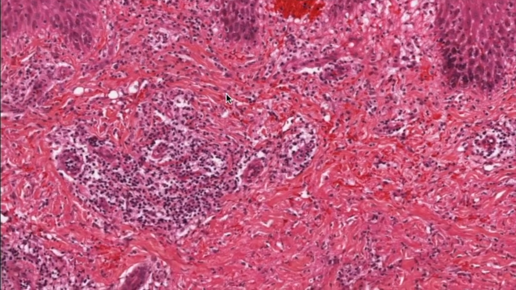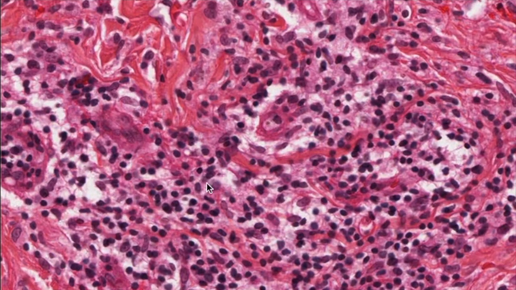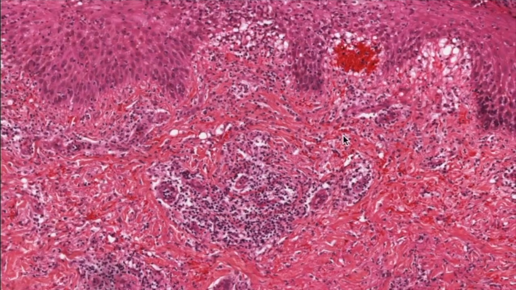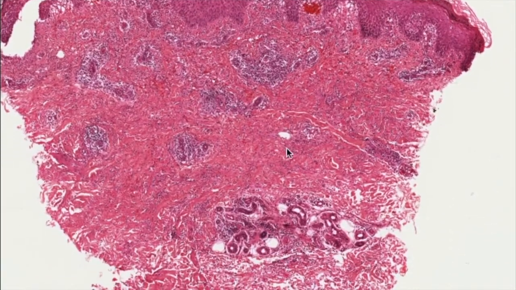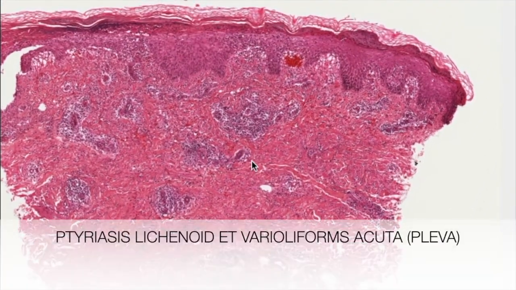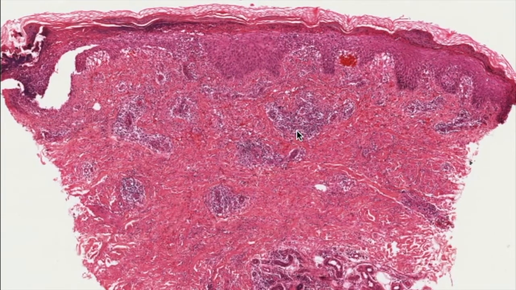On high power, we have a lymphocytic infiltrate that affects the superficial and mid dermis and also is periacrine. So this is pityriasis lichenoides. If it is the acute phase, we call it PLEVA. If it is the chronic phase, we call it PLC.